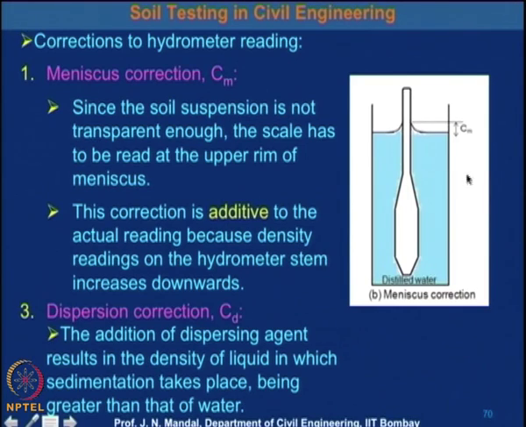This is the hydrometer, this is the water, and this is Cm, which you have to measure to read the upper rim of the meniscus. This correction is additive to the actual reading, because density reading on the hydrometer stem increases downward.